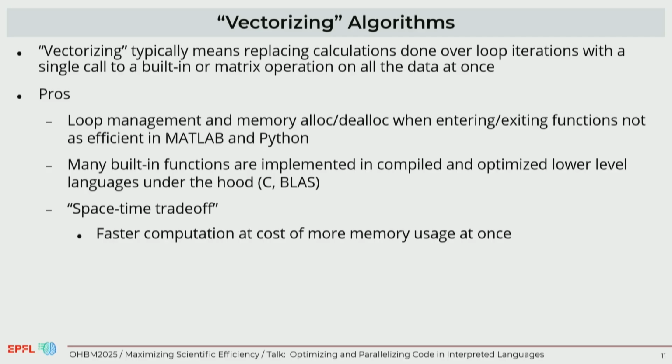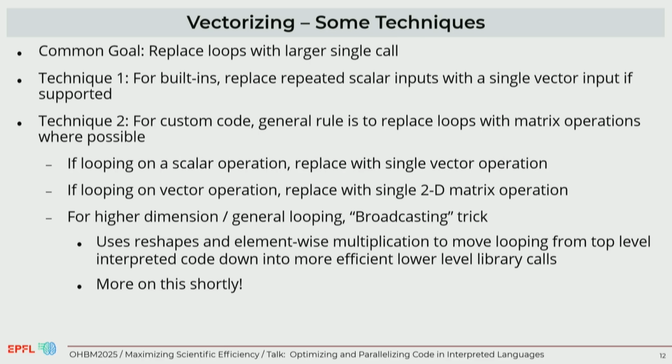This idea of vectorizing comes from the space-time trade-off, which means usually if you pass more memory to something at once, the computation will happen faster. So if you give something more space, it'll take less time, and the other way around: if you don't give as much of your data at once, it'll probably take more time to complete.